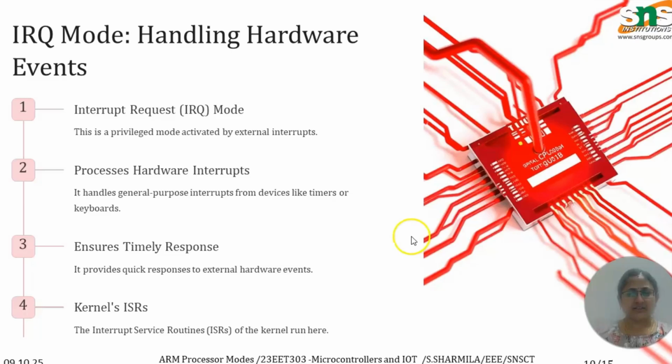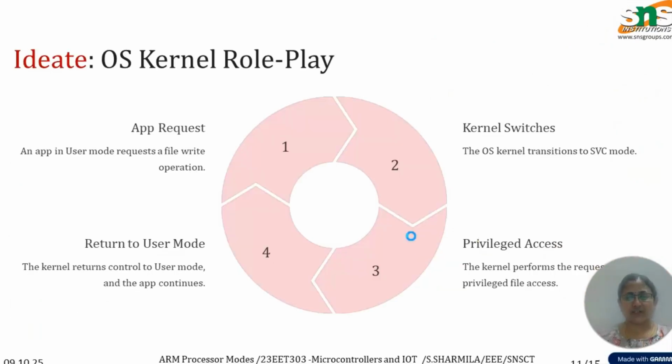And the next one is the ideate or kernel role play. Let us see how these modes work together. Imagine an app in user mode wants to save a file. For the first step, it makes a request. Then the OS kernel switches to SVC mode.